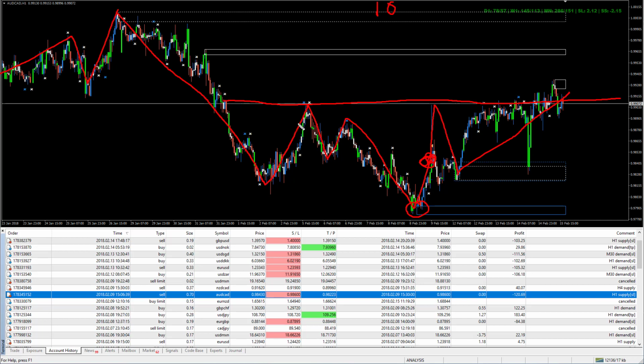Looking at this, you see that price went down, we had a nice pullback, price moved away, and now price had another push. Would it make sense for us to sell here, knowing that price has already pulled back to this level? It doesn't make any sense at all. This is maybe a 1, this is maybe a 2, which is not very good. 3, 4, 5, 6, 7, 8, 9, 10.